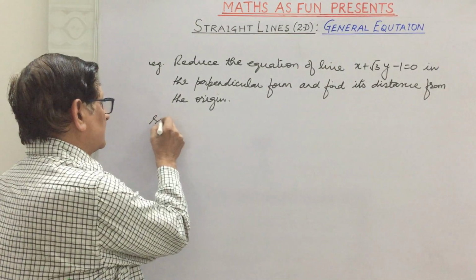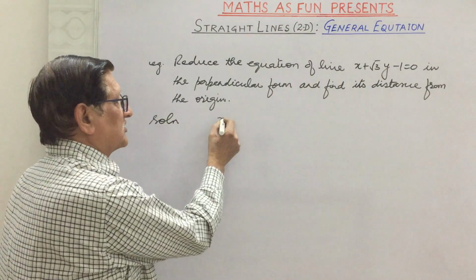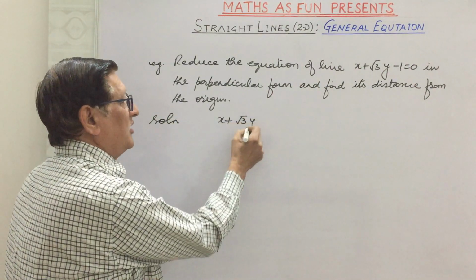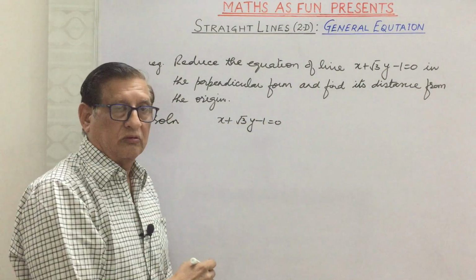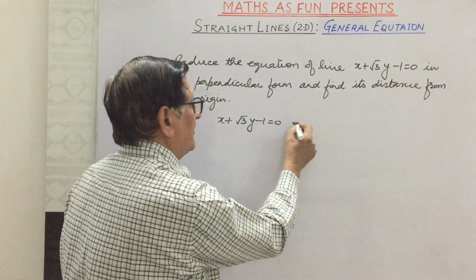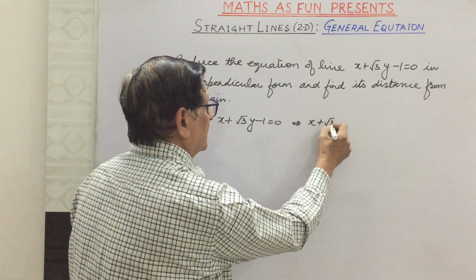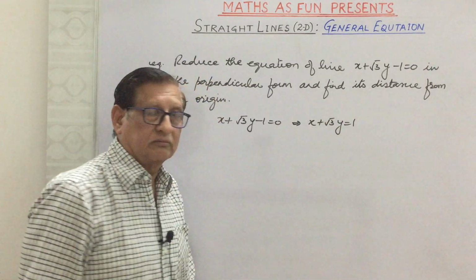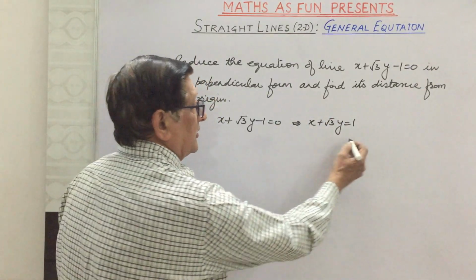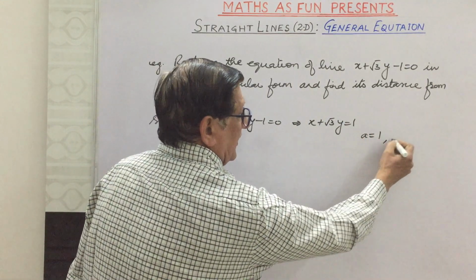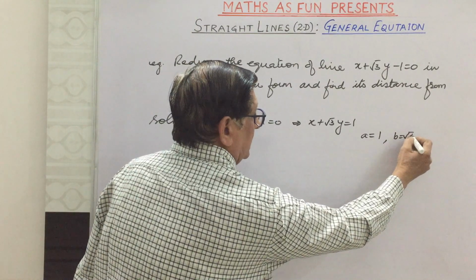To find the solution, we write the equation x plus root 3y minus 1 equal to 0. Transpose 1 on that side, we are getting x plus root 3y equal to 1. Now we are finding here that a is 1 and b is root 3.